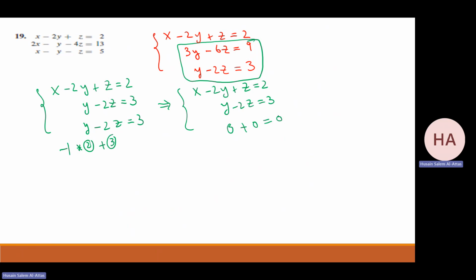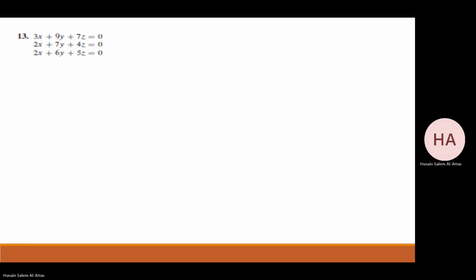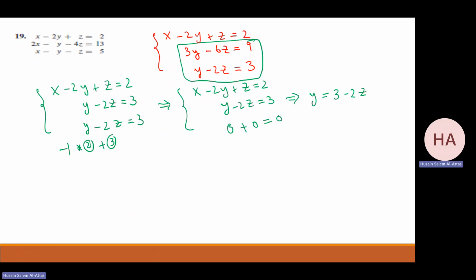But also, if I look at the second one, I notice something. I notice that y, I can write it as 3 plus 2z, sorry.